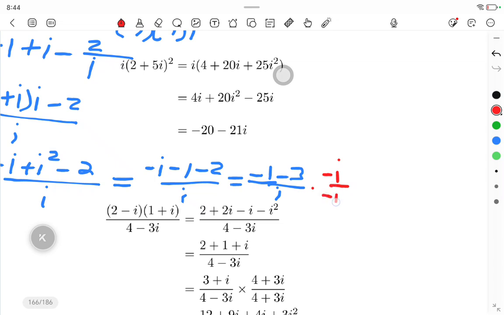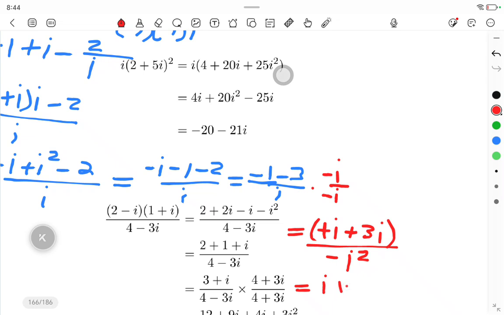Let me do this. I mistakenly used that one as 1. So I'm just going to say this is negative i, positive i squared, negative times negative, positive 3i all over negative i squared.